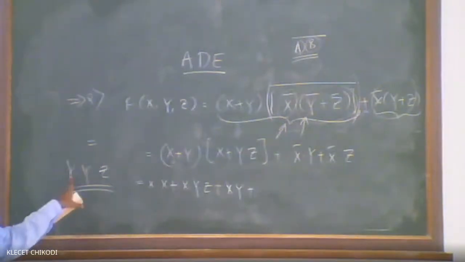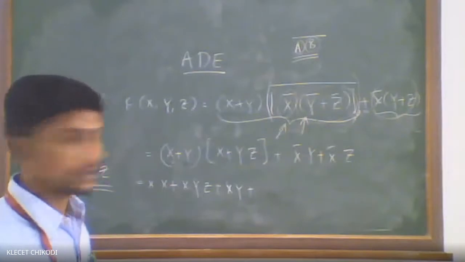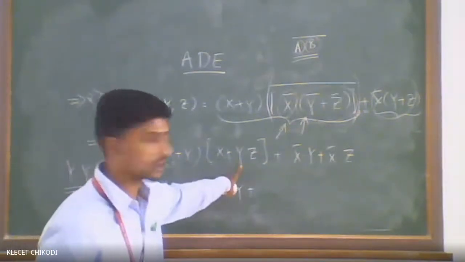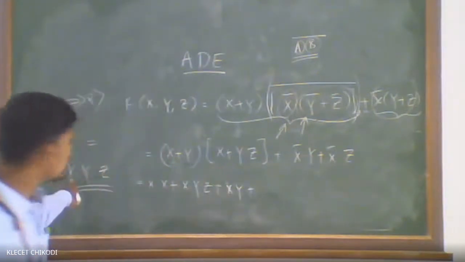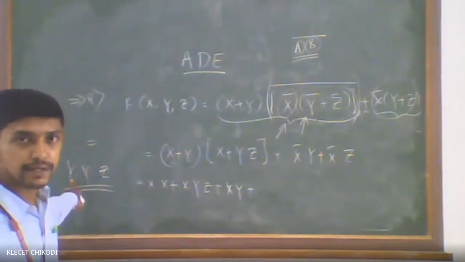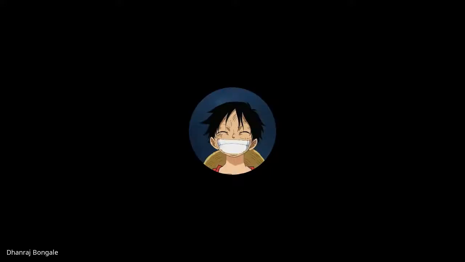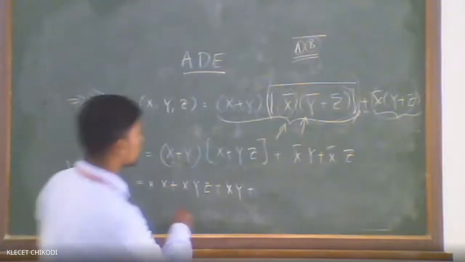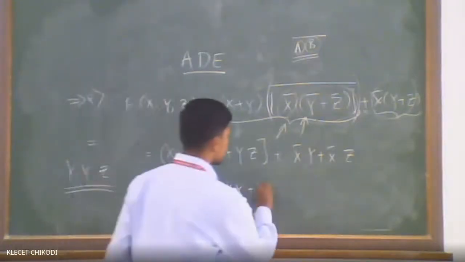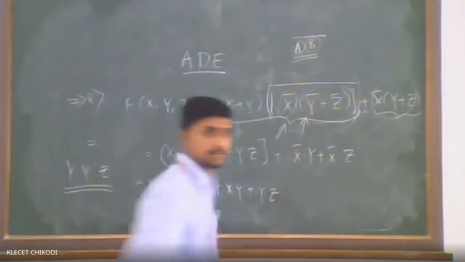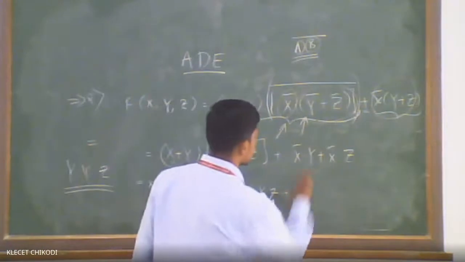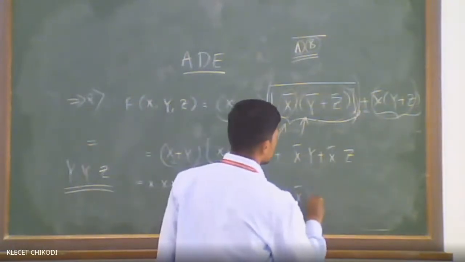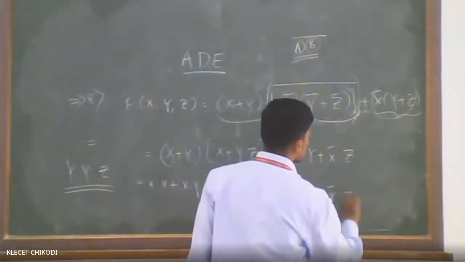And what will be y into y? It will be y only. So instead of y into y into z, I will write only y into z. Similarly, it is as it is x bar into y plus x bar into z.